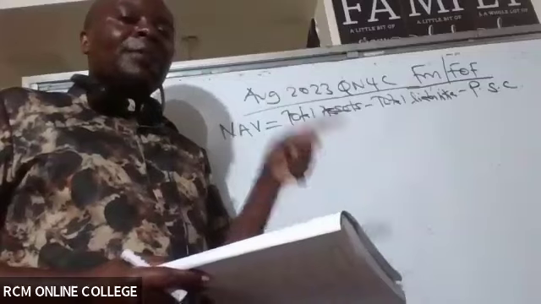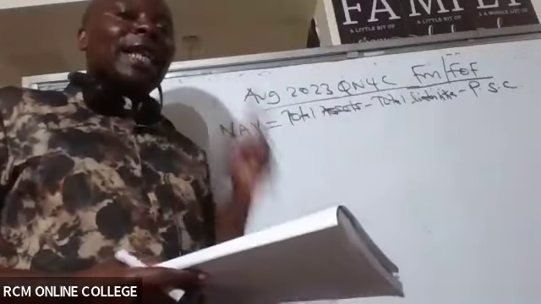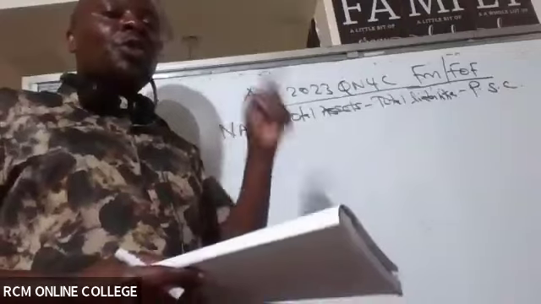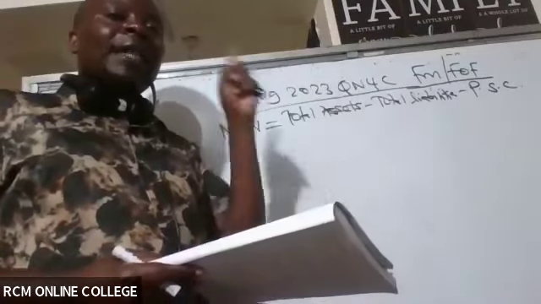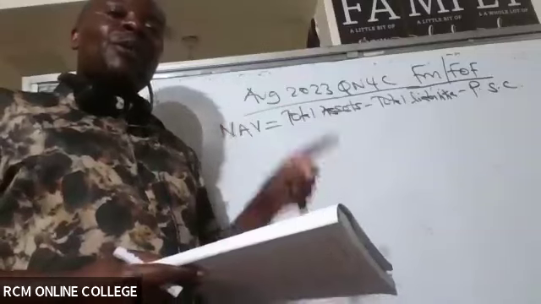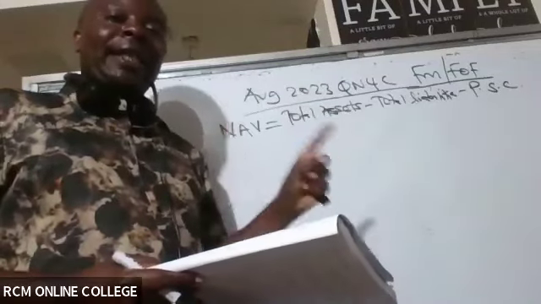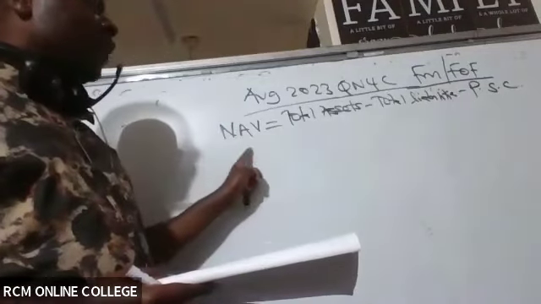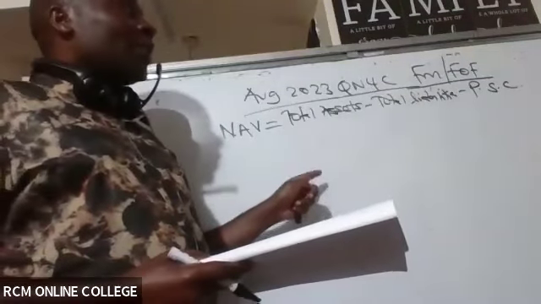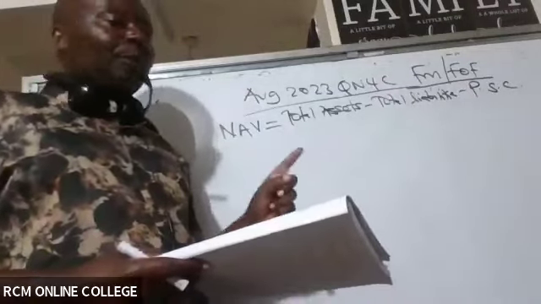This is an amount that has been given to you, which carries a fixed return. Whether you make losses or you make profit, the preference dividends must be paid. And at the end of the day, the preference share capital has to be redeemed. It's redeemable, so it's as good as a debt. So anytime we talk about net asset value, you take total assets minus total liabilities minus preference share capital.